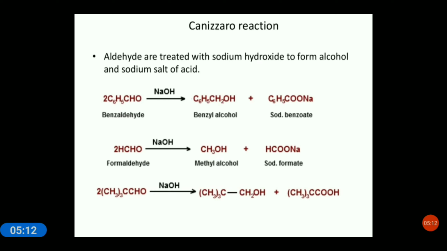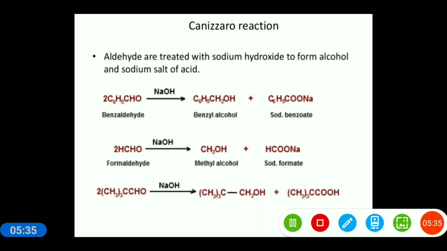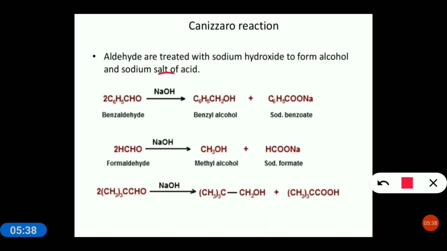Cannizzaro reaction is a very important reaction and it is just the opposite of aldol condensation. In this, those aldehydes can give the Cannizzaro reaction which do not contain an alpha hydrogen atom. When they are treated with concentrated alkali solution, they undergo a disproportionation reaction, that is, self-oxidation and reduction.